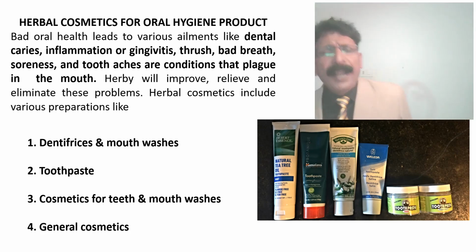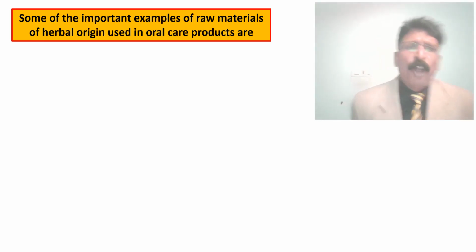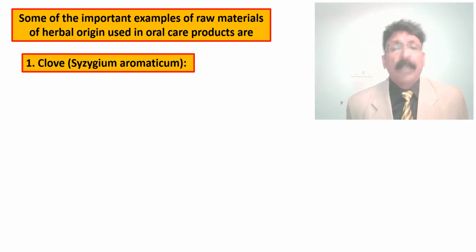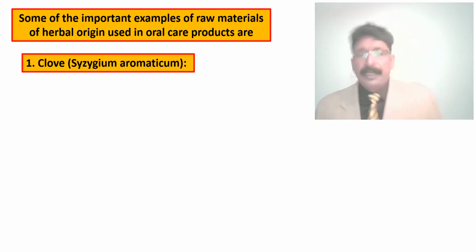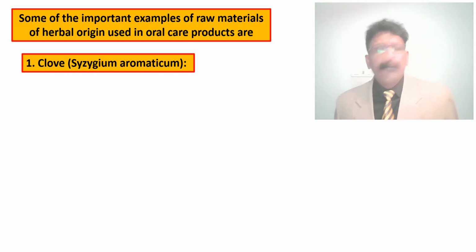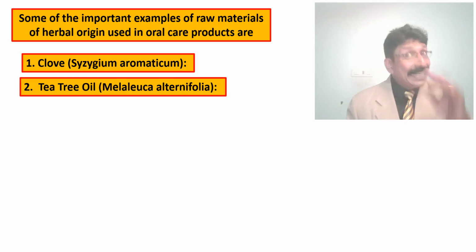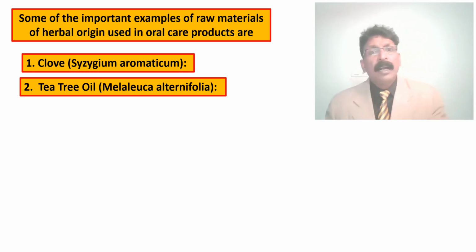There are many available. Some important examples of raw materials of herbal origin used for oral care products are clove, Syzygium aromaticum, previously and now also called Eugenia caryophyllus, family Myrtaceae. Clove is a very common crude drug which we use in our food. Tea tree oil, not tea, Melaleuca alternifolia.